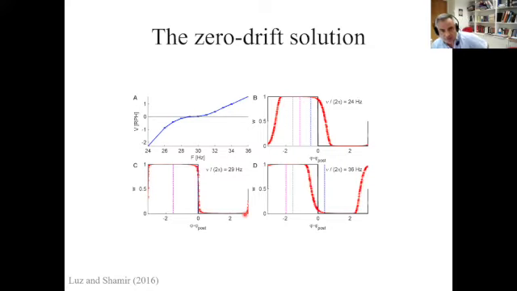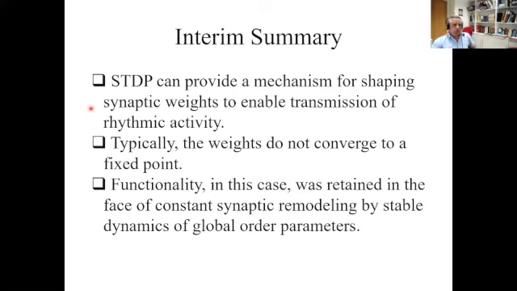That's a small note here. For finite population sizes, so if n is sufficiently low, then because of pinning, this region of zero drift velocity can actually become larger. So what I hopefully tried to convince you of is that STDP can provide a mechanism to shape the synaptic weights in order to enable transmission of rhythmic activity.